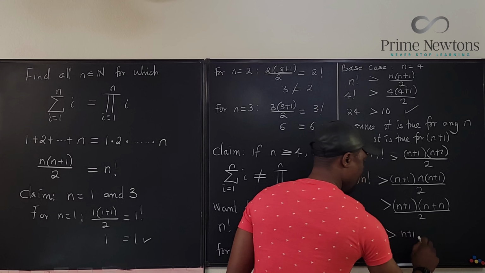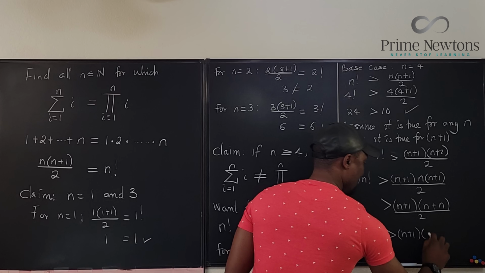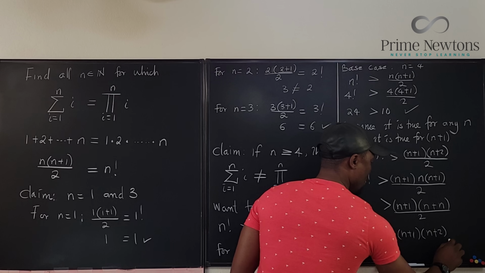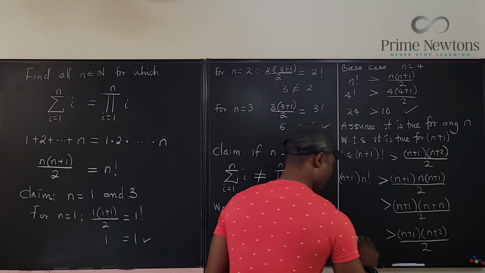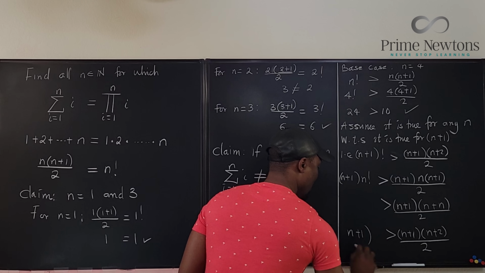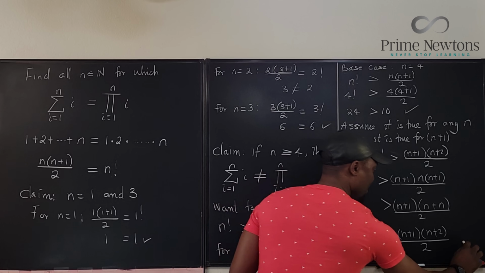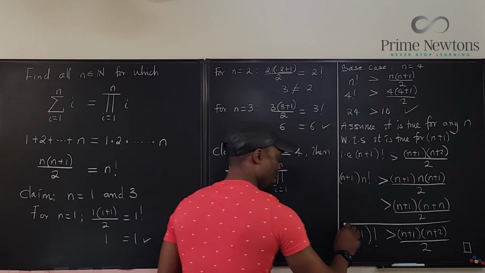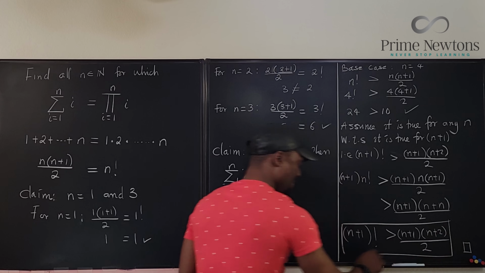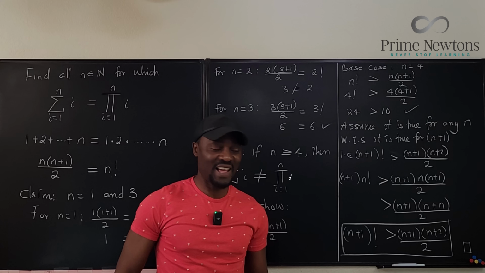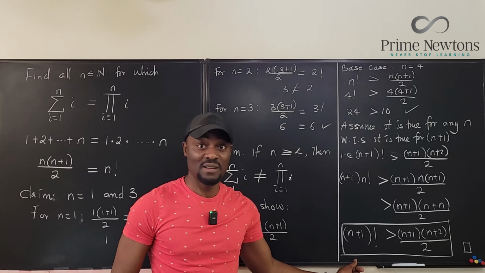Don't forget that. N plus 1 times n plus 2 over 2. That's my n plus 1 factorial. And this is where we're going. I shouldn't box it, but I like boxing my final answer. That looks terrible though, but it's okay.